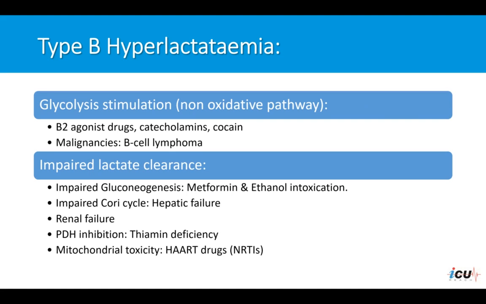You can have elevation of lactic acid also in patients with renal failure, but minimally. In patients with pyruvate dehydrogenase problems, such as inhibition through thiamine deficiency or through an inborn error in the enzyme itself, you can see elevation of lactic acid. Finally, mitochondrial toxicity, such as what happens with the drugs that you can use in AIDS patients, such as AZT.